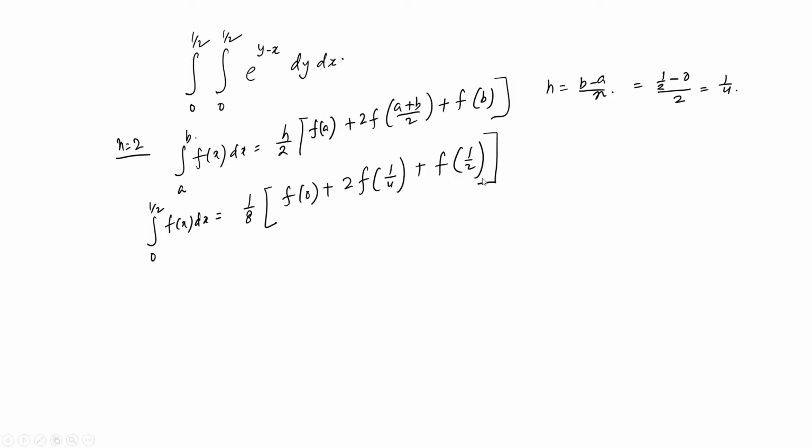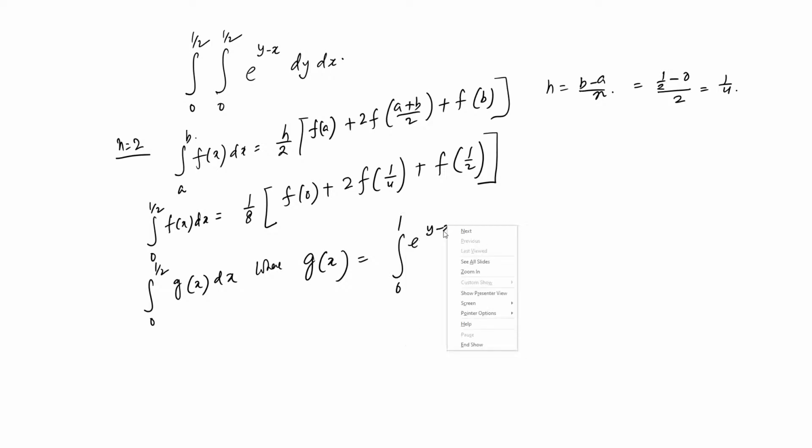Now again we use this for the second integral, which is 0 to half, where g of x is equal to the integral from 0 to 1 of exponential y minus x dy.